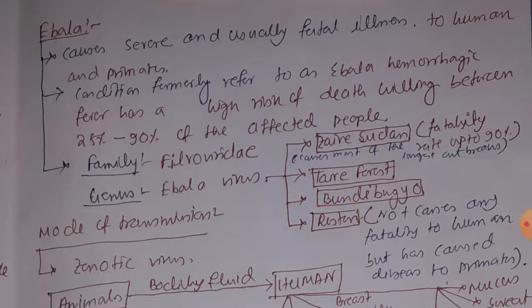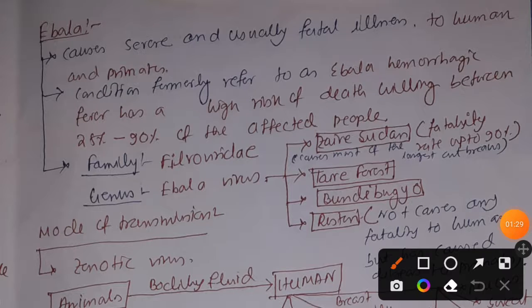Okay, so up to that part we have learned that Ebola is a kind of virus that causes fatal and severe illness in humans and primates, right? Ebola virus, previously known as Ebola hemorrhagic fever, is very fatal, causing death of 25 to 90% of the affected people.